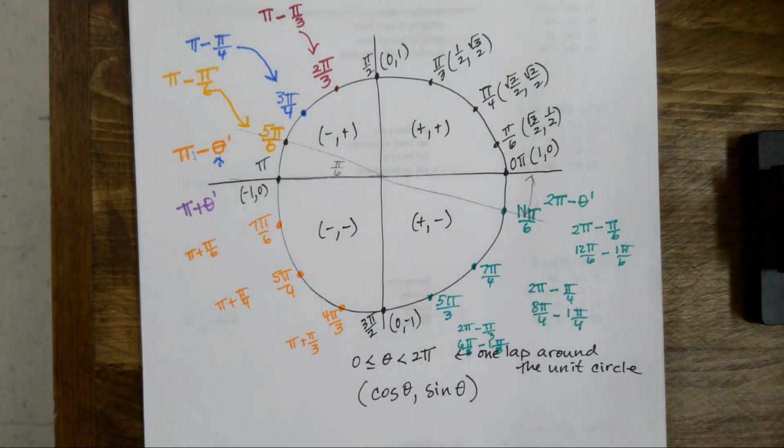All right. Again, these are all of our relatives to our 3 main families plus our axes, all within 1 lap around the unit circle. What are we going to do with this?